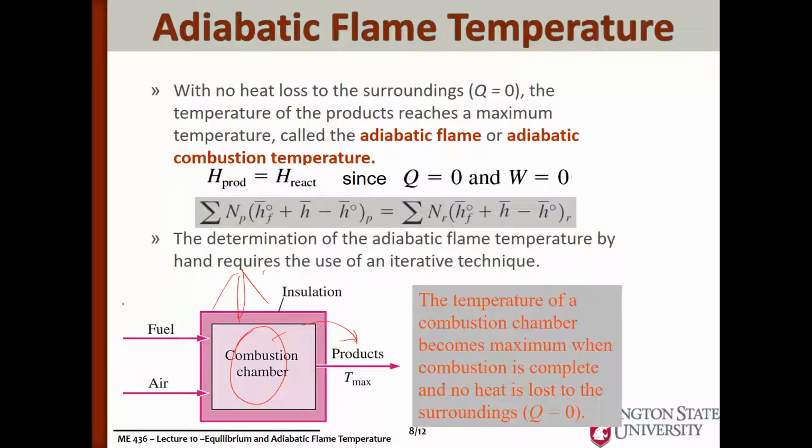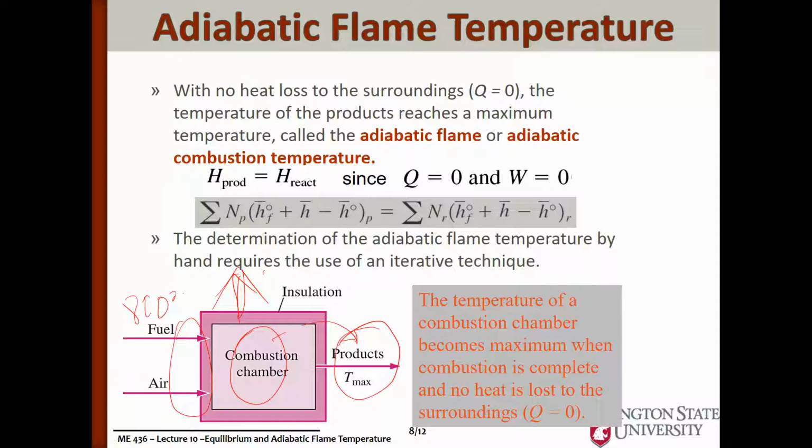You have the fuel and air, which might not be at reference temperature. They might be coming in at something like 800 degrees. That energy is going to equal whatever heat you lose plus the heat released from the combustion. All of that is going to add up to the total energy in the products.